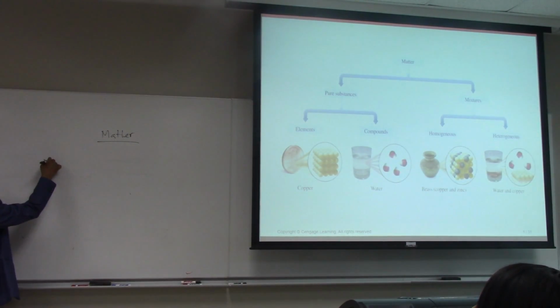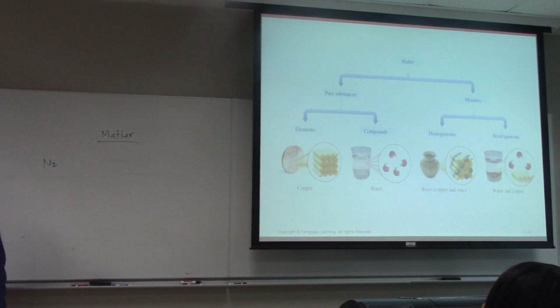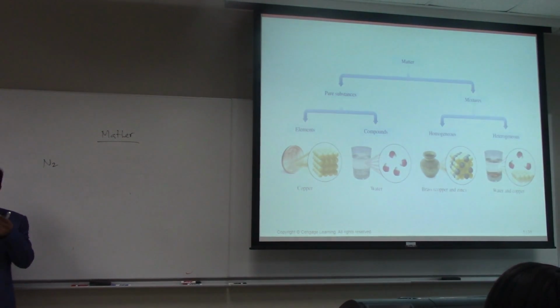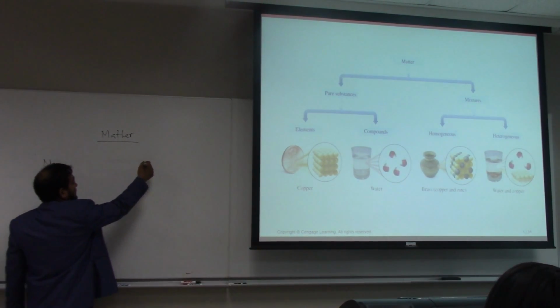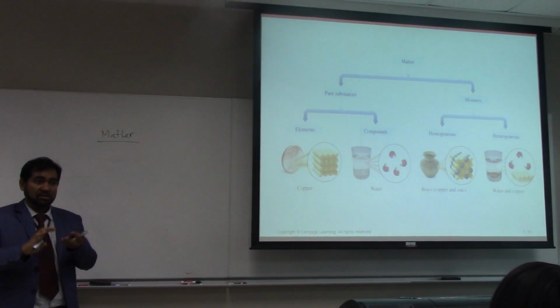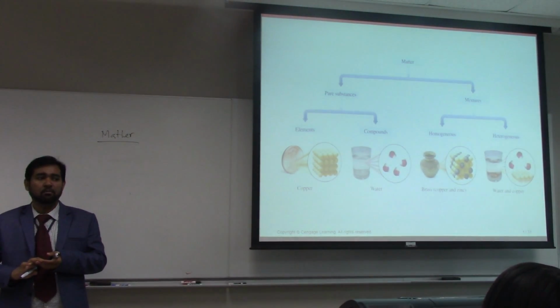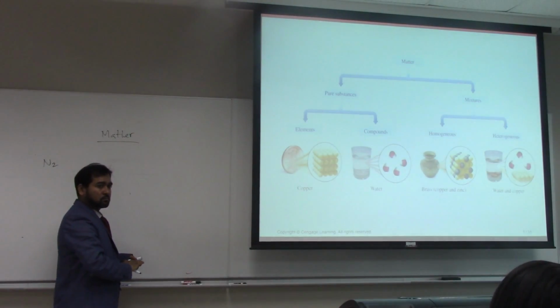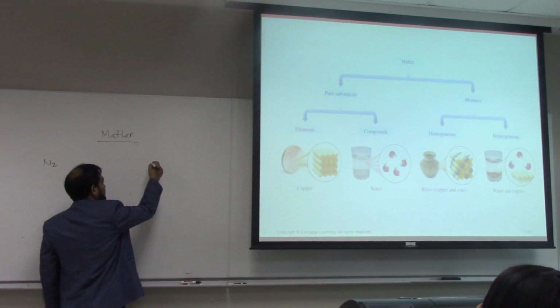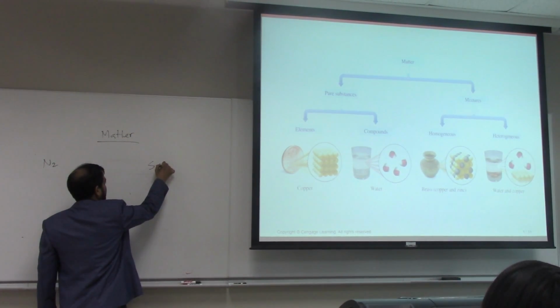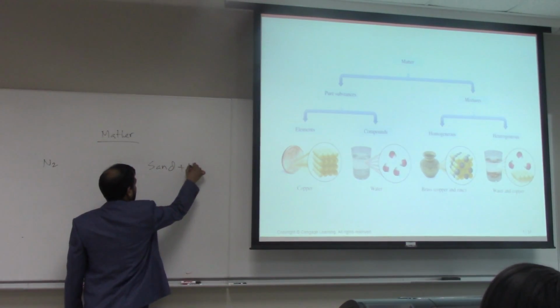First is nitrogen, right? It has a unique property and unique combination. 2 nitrogens combined together, and its property is that it is a gas. This is one property, and of course there are other properties. And the second type is where there is no specific combination, no specific property. An example is sand.